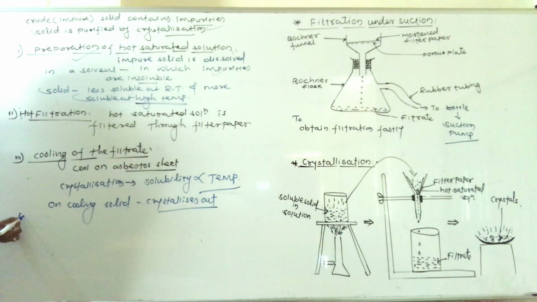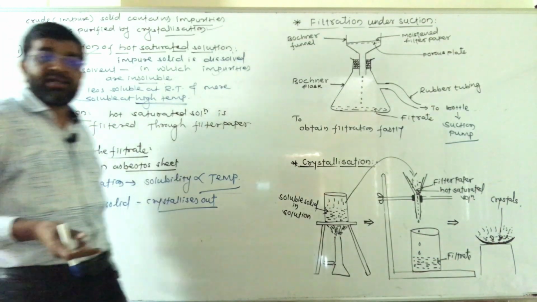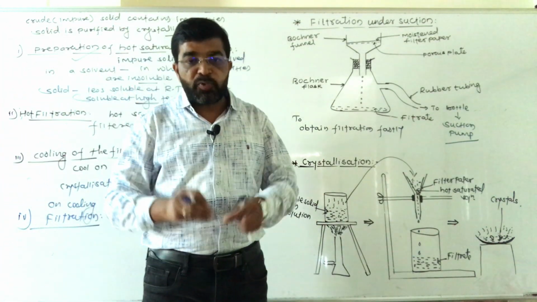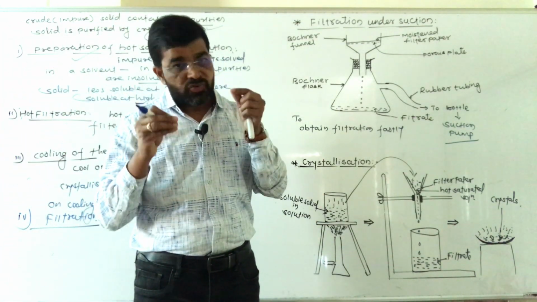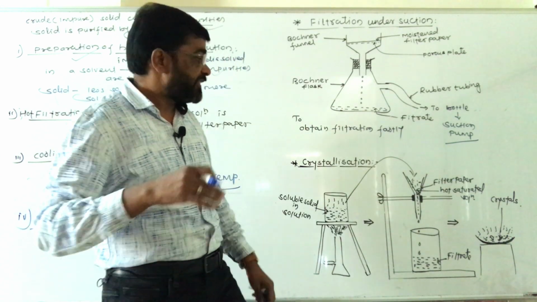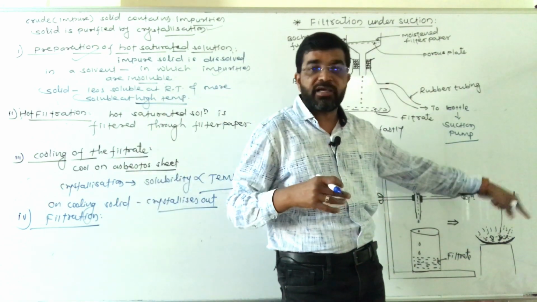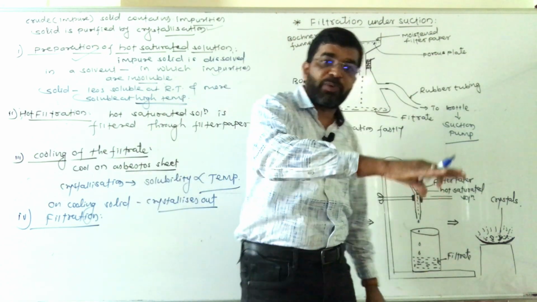Now when the crystals are formed, again we have to do filtration. Why do we have to filter here? Because whatever impurities are there will be left in the solution, and there is some liquid here as well. We have to filter it through filter paper.